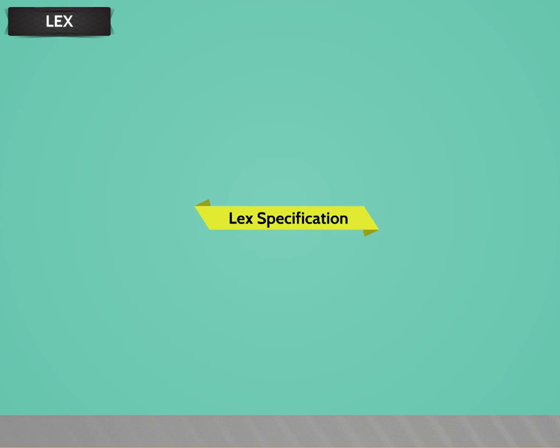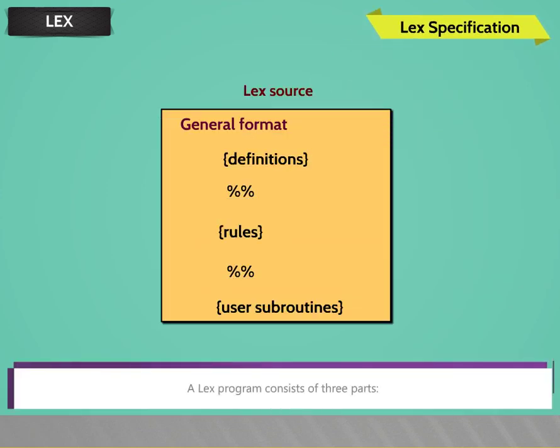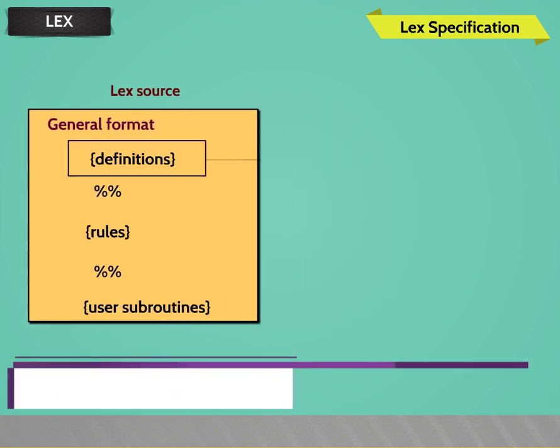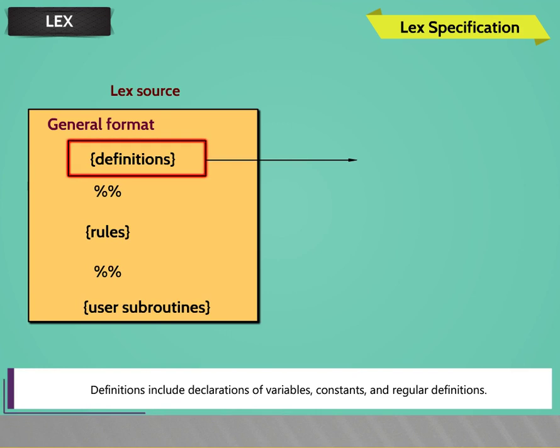Lex specification. A Lex program consists of three parts: definitions, rules, user subroutines. Definitions include declarations of variables, constants, and regular definitions.